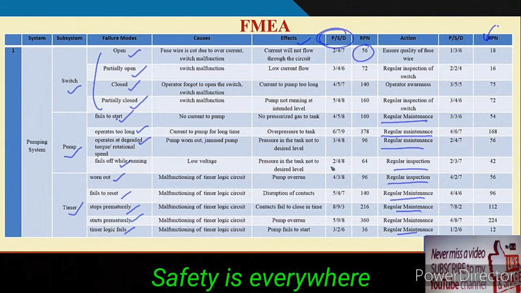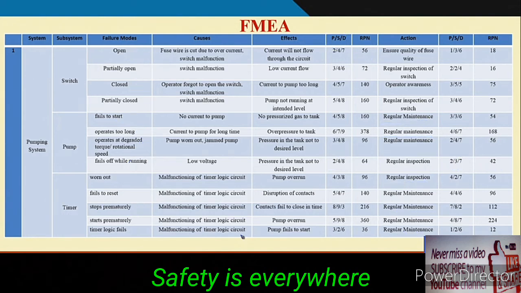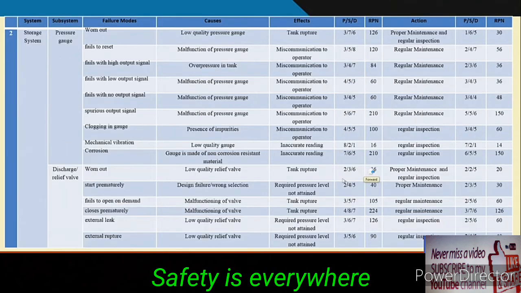For example, here P cannot be reduced, but S and D are reduced. So ultimately the RPN is reduced. This PSD gives you a very interesting idea of where the action will be taken and what design and redesign options can be adopted, so that ultimately the RPN can be minimized. So this is failure mode and effect analysis application.